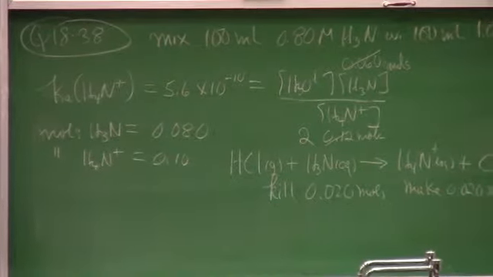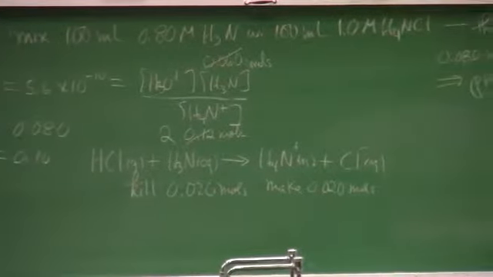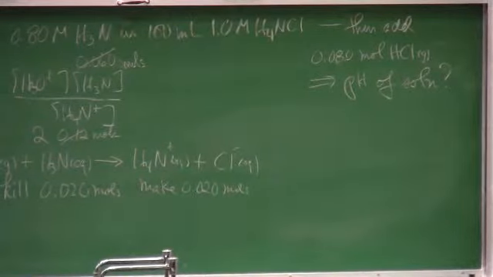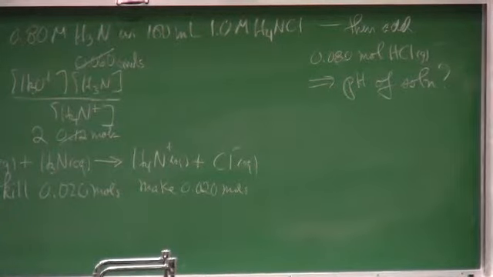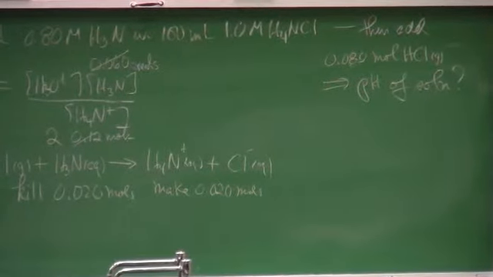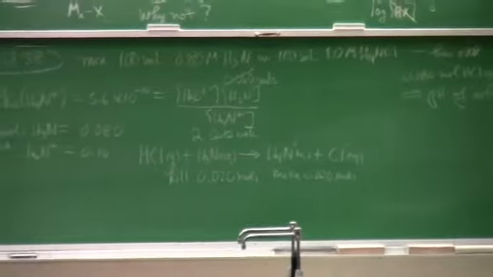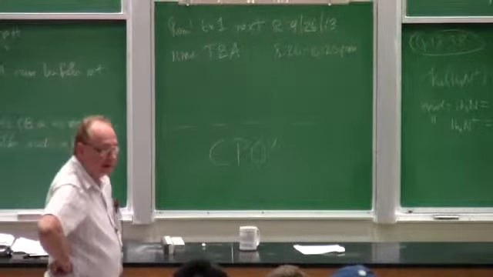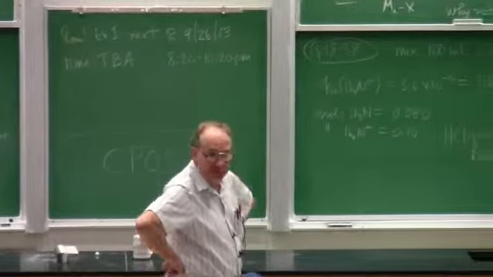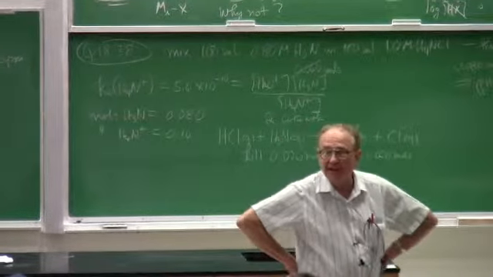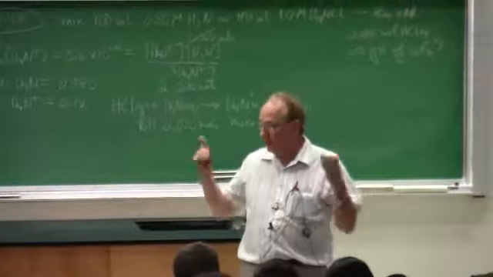Well, what do I do now to calculate pH? Would I now have a single solute system? Because now, after murdering all the ammonia by adding just the right amount of HCl and converting it to ammonium ion, now I can go back to x squared over M sub I minus x, because now I really have a solution of ammonium ion. That's it.